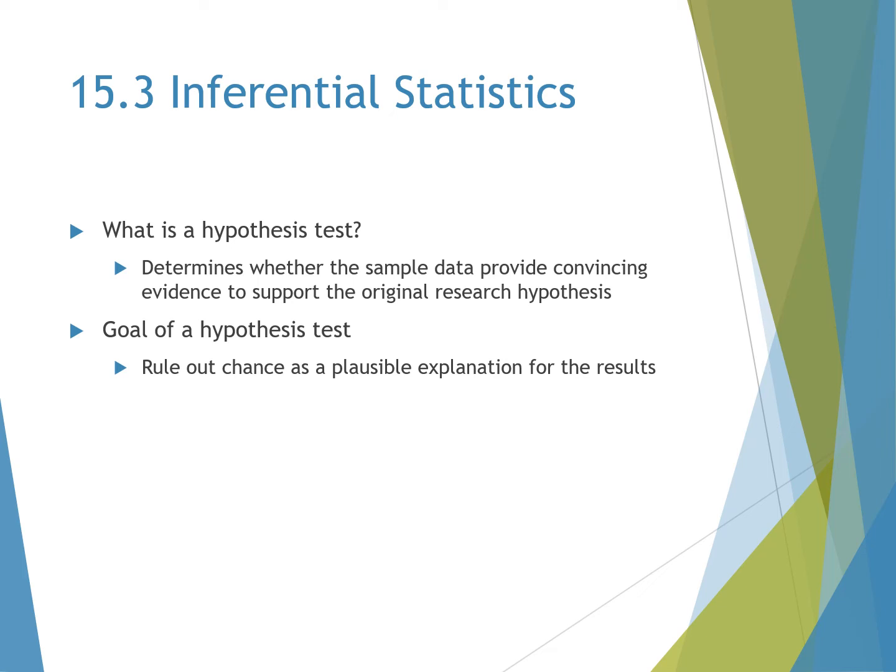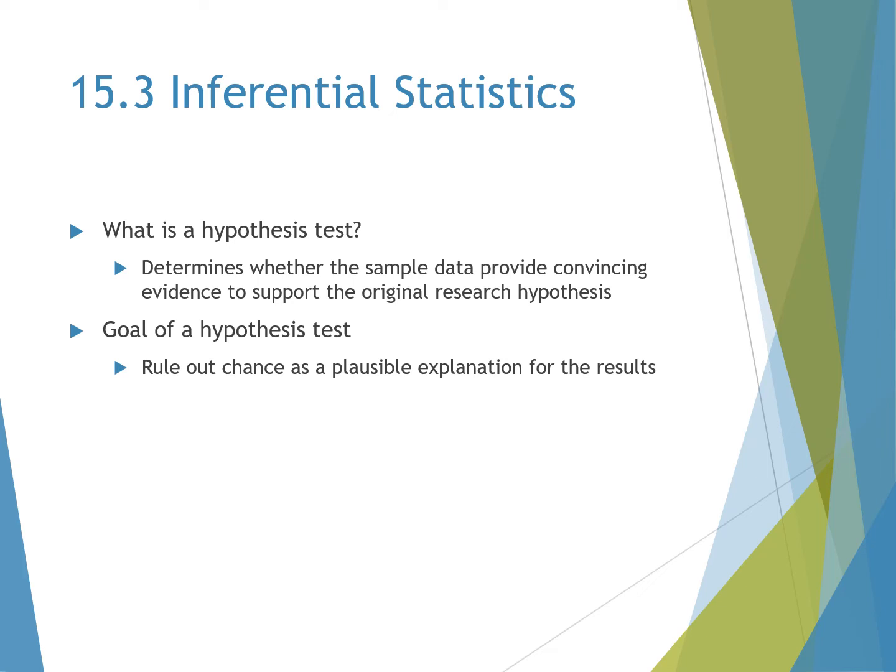So how do we know that the data from our sample is going to represent our population? We figure this out using inferential statistics, and in particular, hypothesis testing. Hypothesis testing is using information from samples to extrapolate to the population.